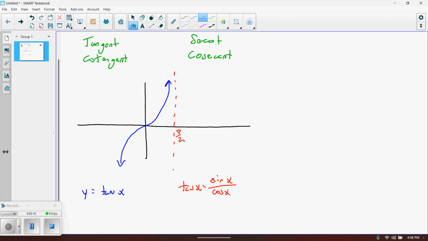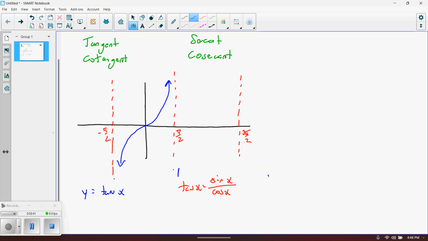Okay, 0 is not an odd power of pi halves, but if you go this direction, that would be at negative pi halves. And then because these graphs do kind of go on forever, the next place that you would actually have a vertical tangent line would be someplace out here, which is where 3 pi halves would be. And what this graph does is it's going to do the same thing over and over and over again. It will repeat itself.